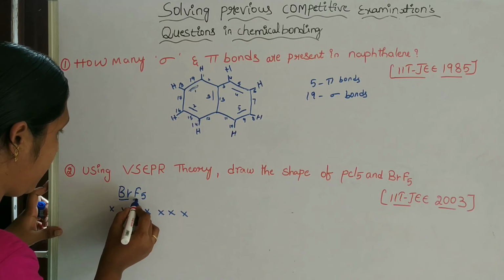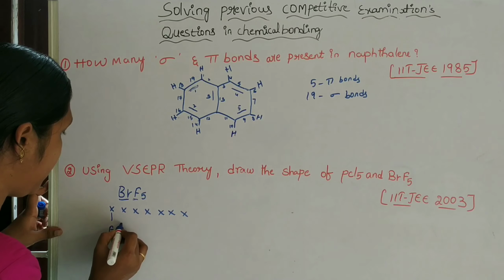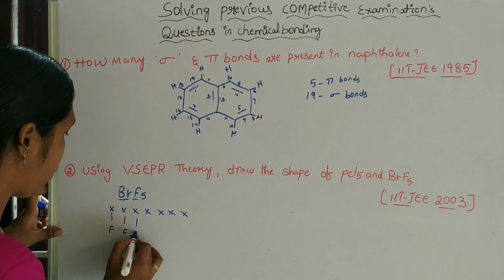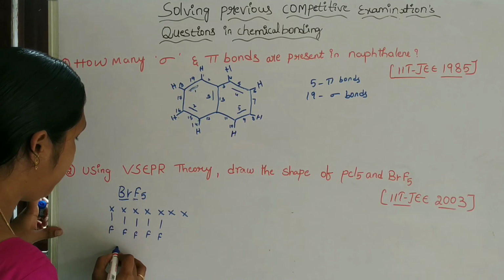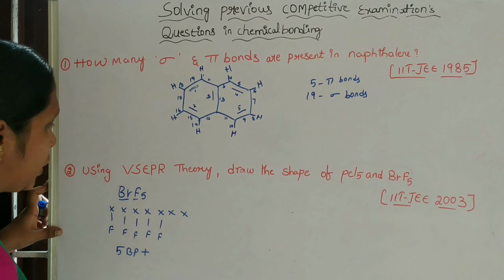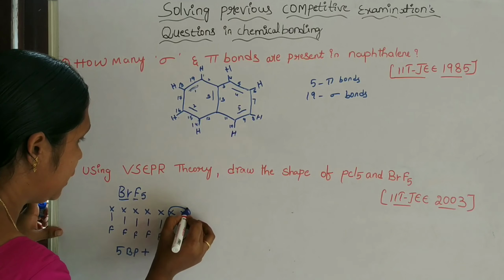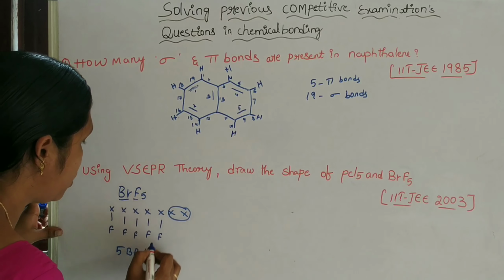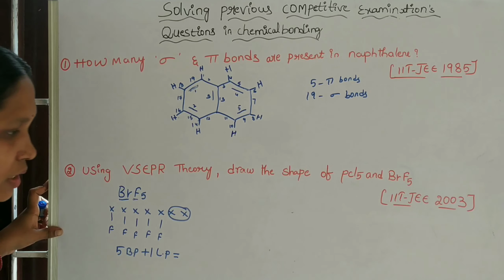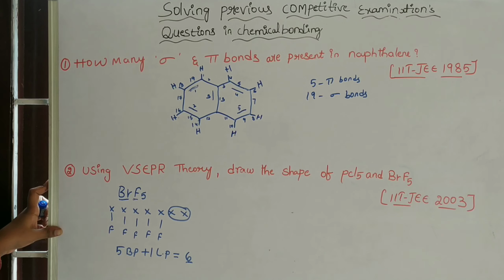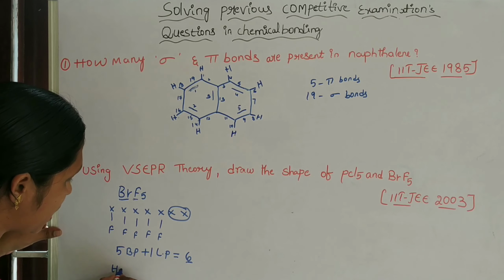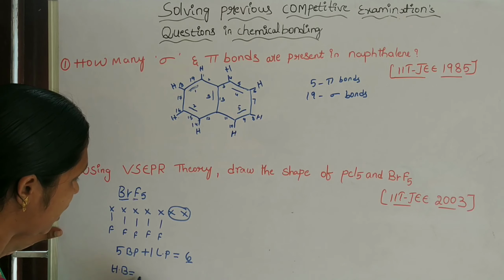So in BrF5, each fluorine combines with 1 valency electron of bromine and forms 5 bonded pairs of electrons, and the bromine nucleus shows 1 lone pair of electrons. The total pairs of electrons are 6.